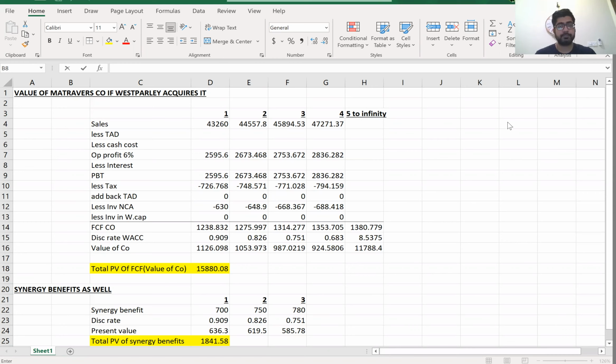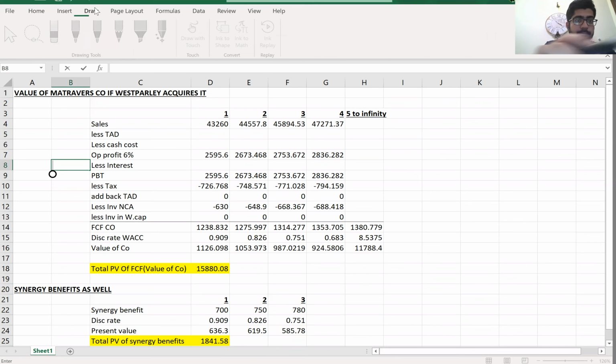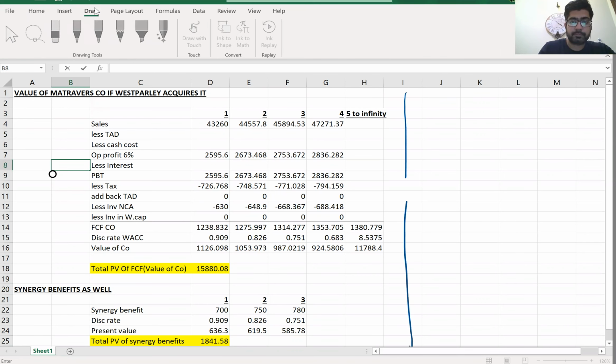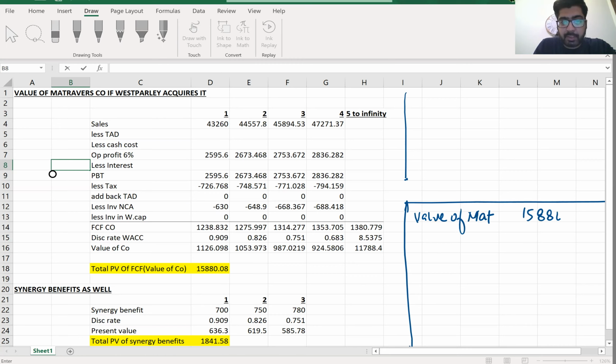Now, I'm just wrapping it up. If WESTPARLEY acquires Matraverse company, they get value of Matraverse, that is 15880.08, plus they get the synergy benefits as well, that's 1841.5.